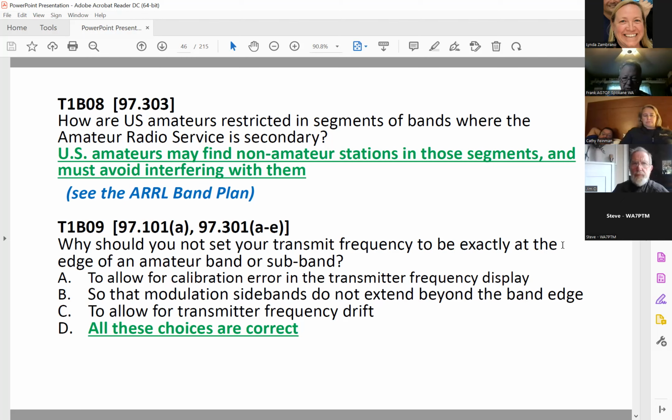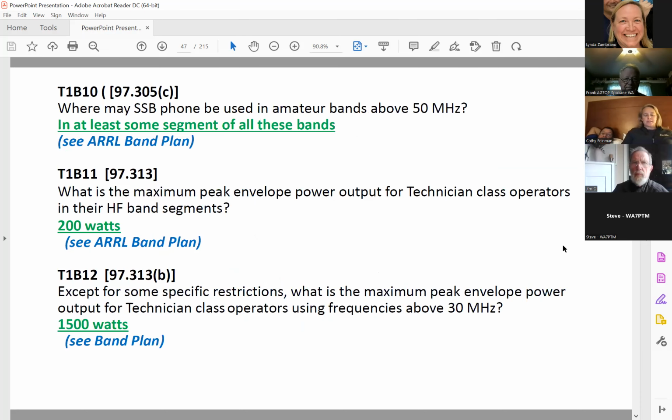Any questions on this? No. What's that? No, we don't have any questions. Okay. Where may a single sideband phone be used in amateur bands of 50 megahertz? And at least some segment of all the bands.